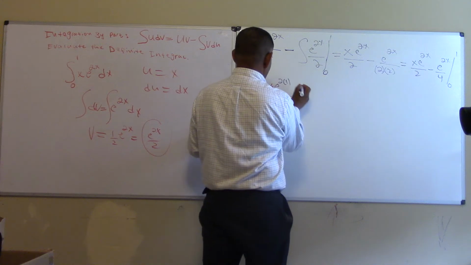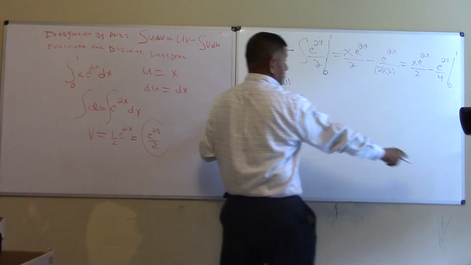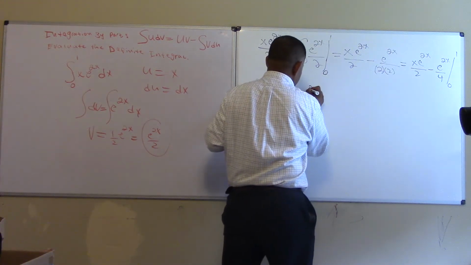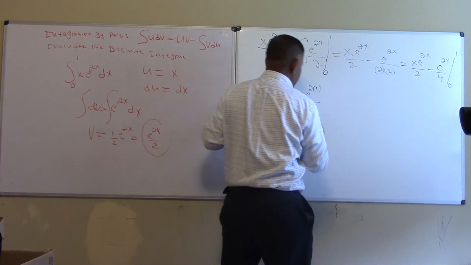Now I am doing this piece right here: minus e to the 2x minus 1 over 4.